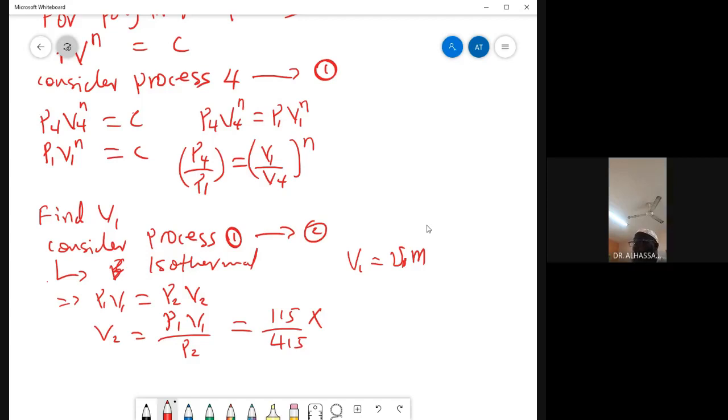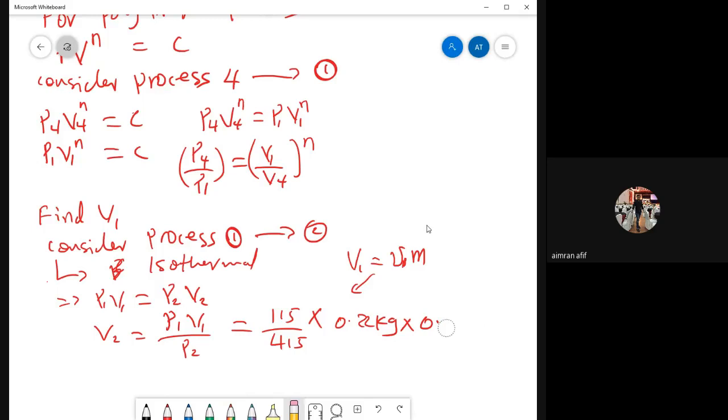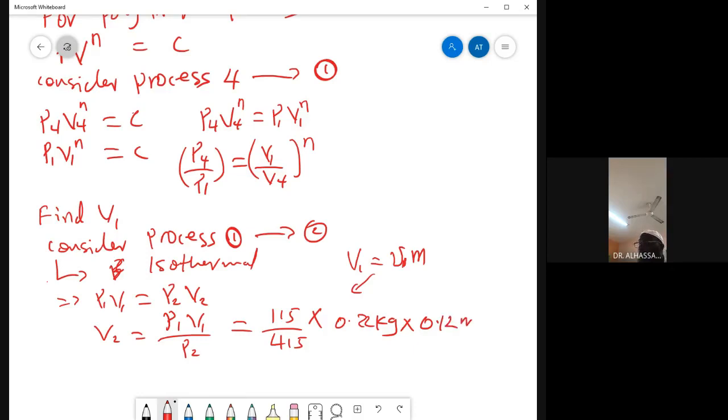The mass of the ideal gas is 0.22 kilogram times the specific volume, 0.12 meter cubed per kilogram. V2 or V1, sir?